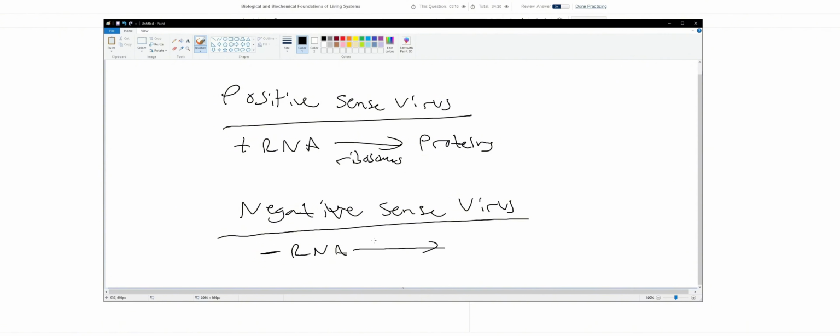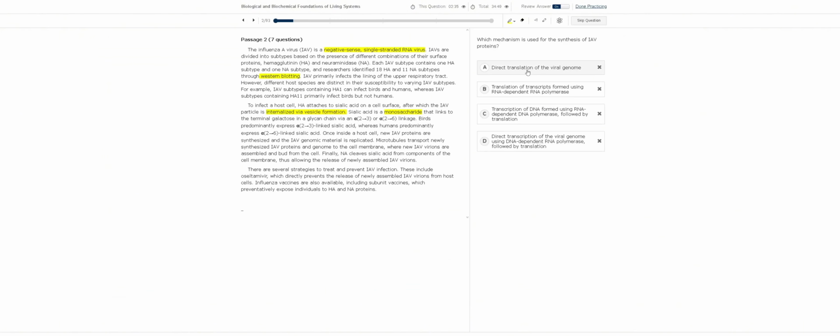So when they transcribe, they get converted into a positive sense RNA, and only then can that RNA be converted into proteins to build the virus. It has to be transcribed first for that to happen. So let's go back to the answer choice. This is basically what we just said: positive sense, not negative sense. So this is wrong.